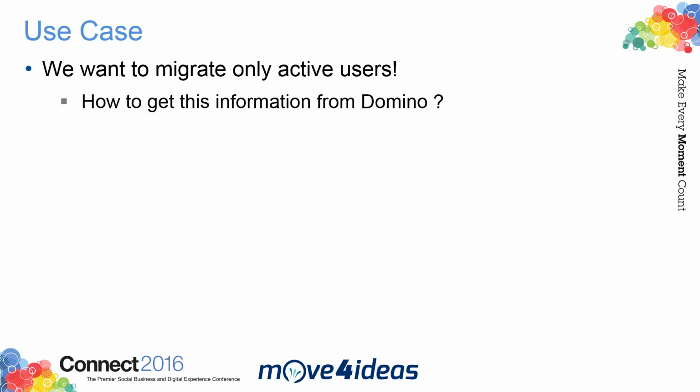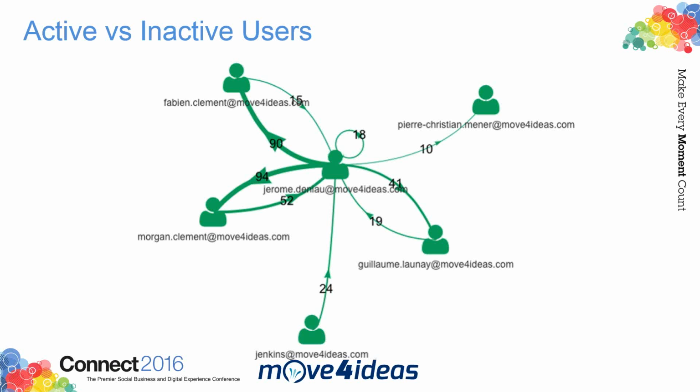So how to get this information from Domino? This is a big problem. This snapshot is from Audit Formel, our product. So we can see relations between people. And in this slide, it's quite funny because, as you can see, there's a person called Pierre Christian who just never sends any mail. So you're quite stuck, because is this guy really active?